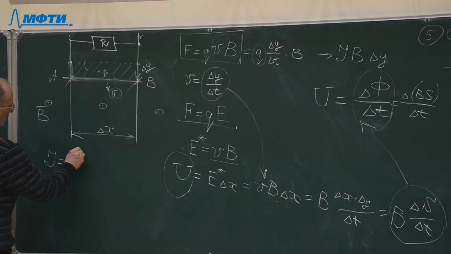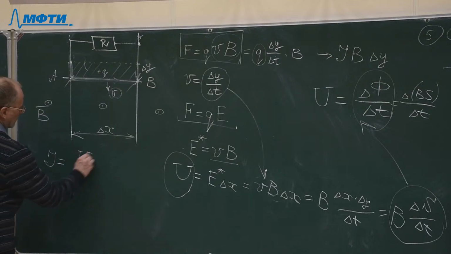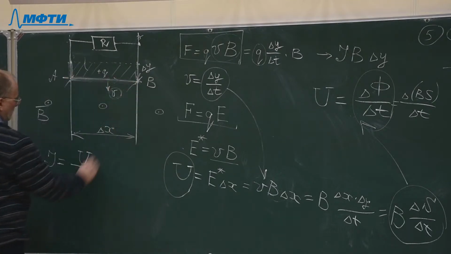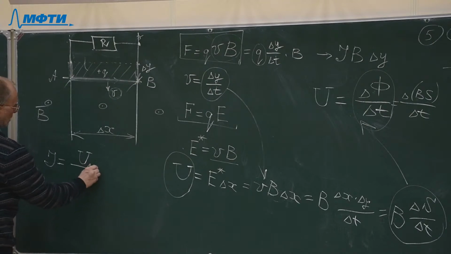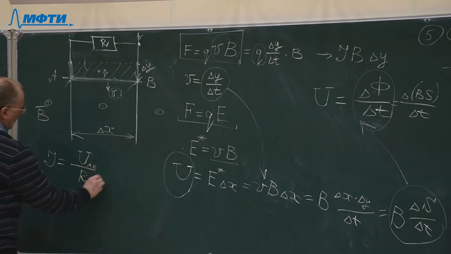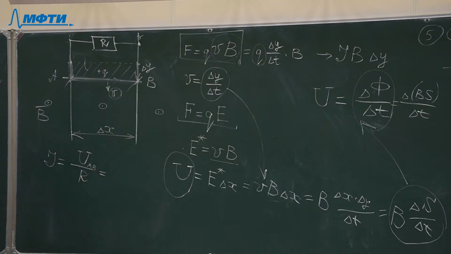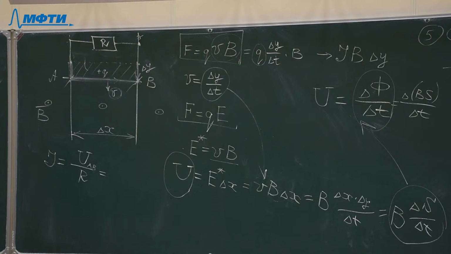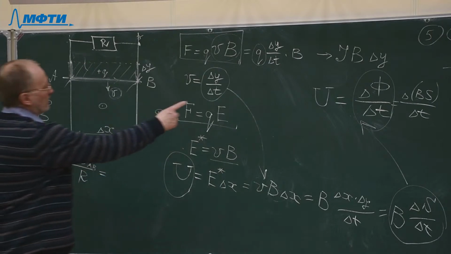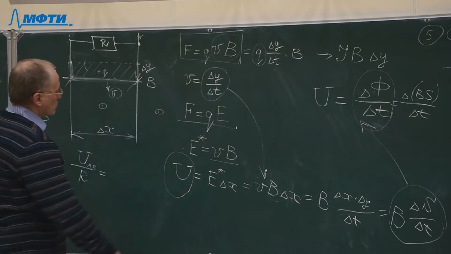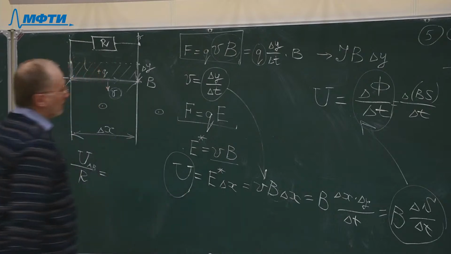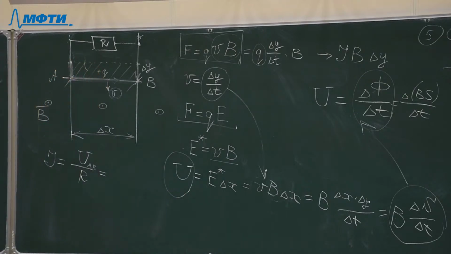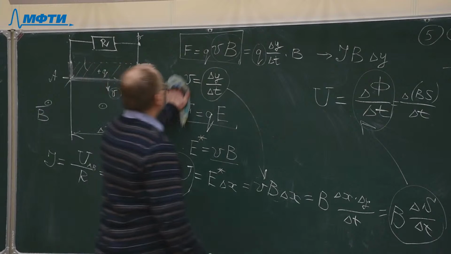It will be the potential difference between points A and B divided by R, the resistance. And the potential difference is given by this formula which we have already discussed.